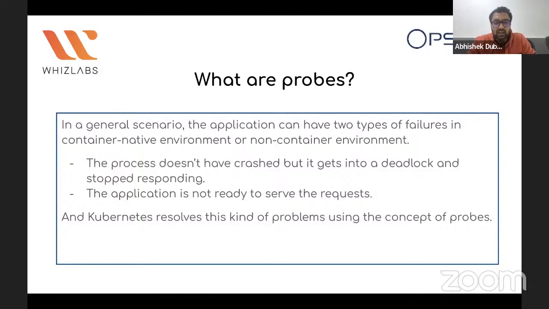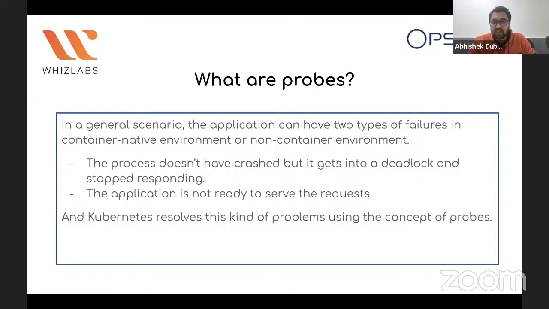The second thing is, let's suppose our application has not crashed. The process is running fine, but there could be scenarios where it has some deadlock. Deadlock could be a scenario where the application process is still running, but the database connection is not working. So whenever you send traffic to that application, it will not process any request and it will stop responding.